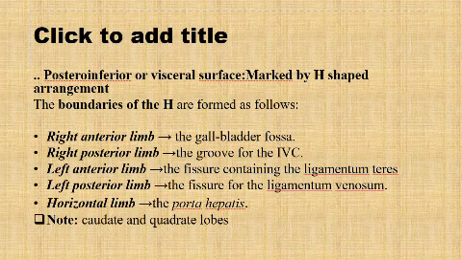The right anterior limb contains the gallbladder fossa, and the right posterior limb is a groove for the inferior vena cava. The left anterior limb is a fissure for the ligamentum teres, and the left posterior limb is a fissure for the ligamentum venosum.